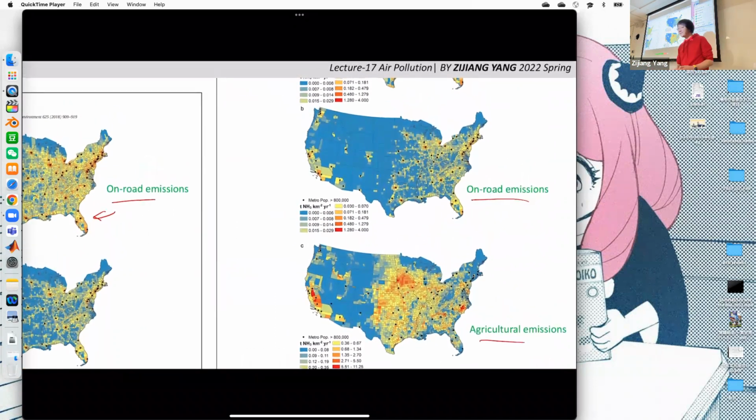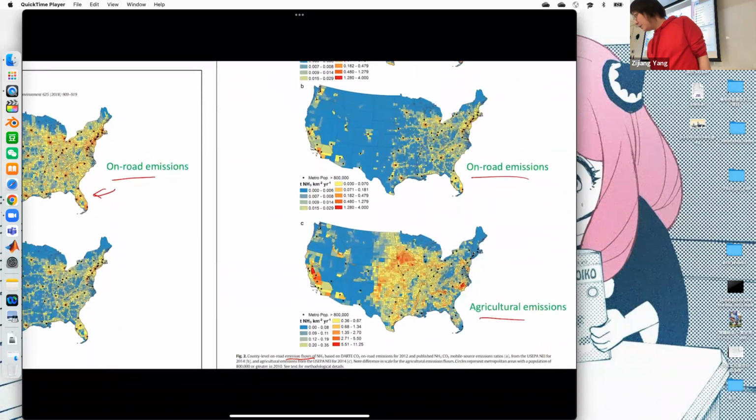We know that emission is usually positively correlated with concentration. So we can see that in the United States, a large portion of ammonia may come from agricultural activity.